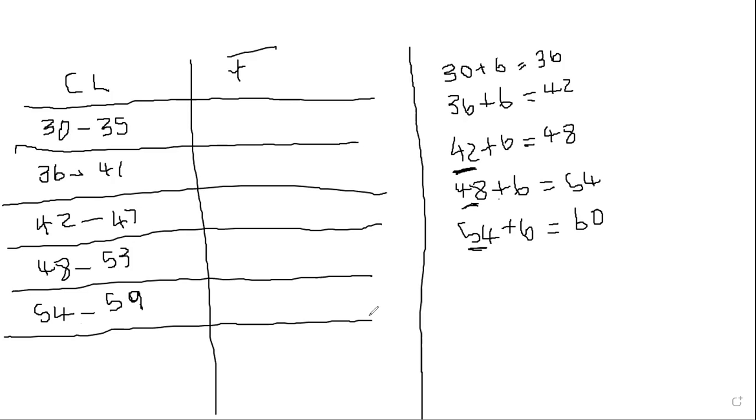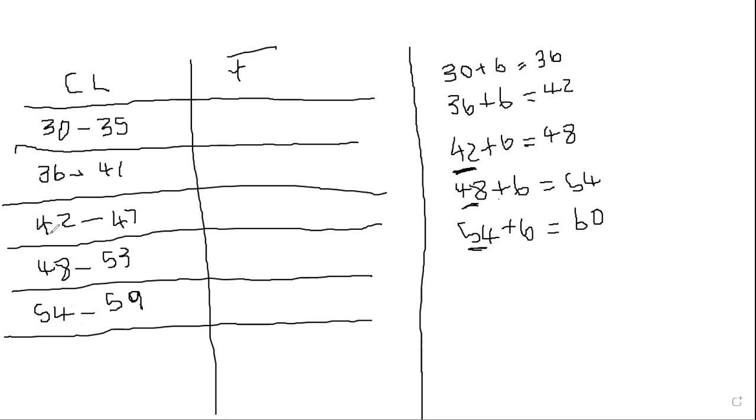Okay, do you all understand so far? If you check the difference, let's look at your left hand. These are the lower limits of the classes: 30, 36, 42, 48.